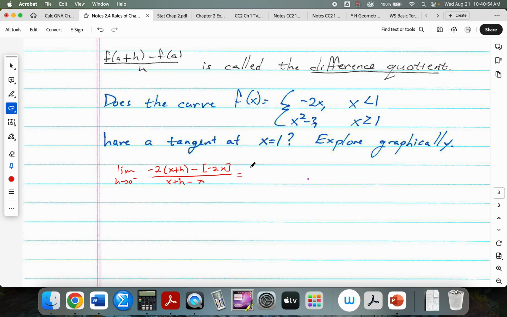So that'll be equal to the limit as h goes to 0 from the left of negative 2x minus 2h plus 2x all over h. The negative 2x drops out, the h's divide out, and this is just negative 2.